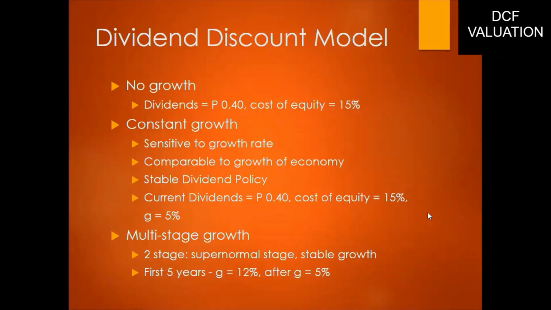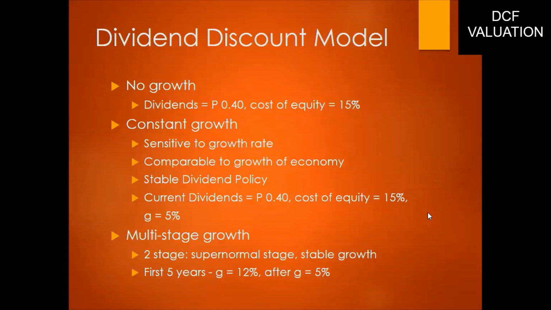Second, we have constant growth. We assume that the growth of the company is similar to the growth of the economy, and the company has a stable dividend policy. The dividends now is 40 centavos per share. The cost of equity is still 15%, but now let's assume there is a constant growth similar to the growth of the economy of 5%. This is just an example.